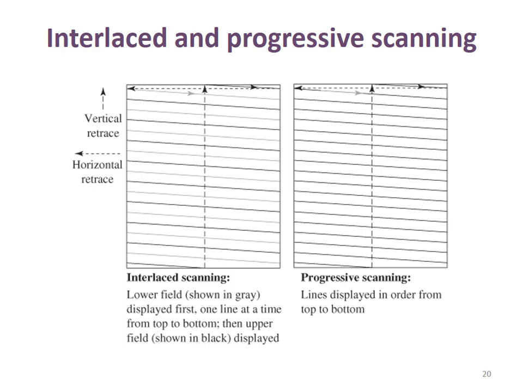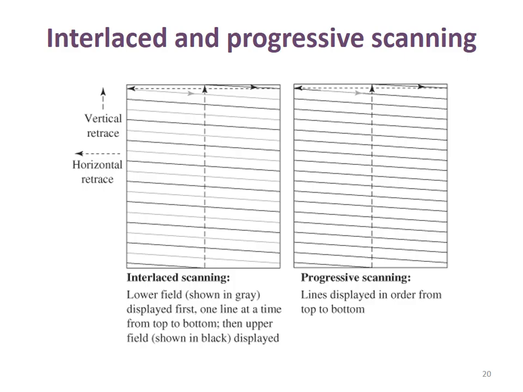For interlace scanning, the lower field is displayed first, one line at a time from top to bottom. Once the lower field is displayed, we switch to the upper field to display one line at a time from top to bottom. We call this interlace scanning.